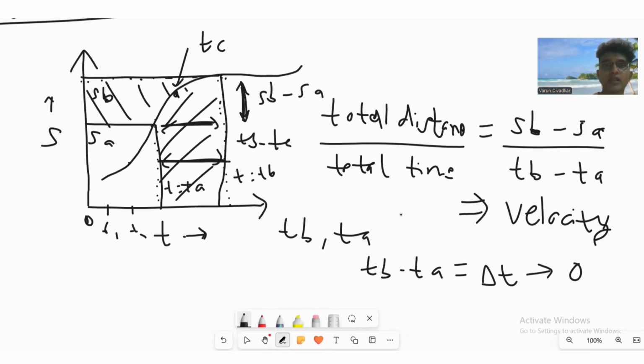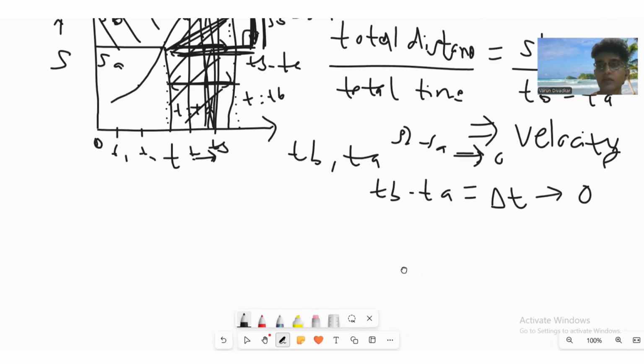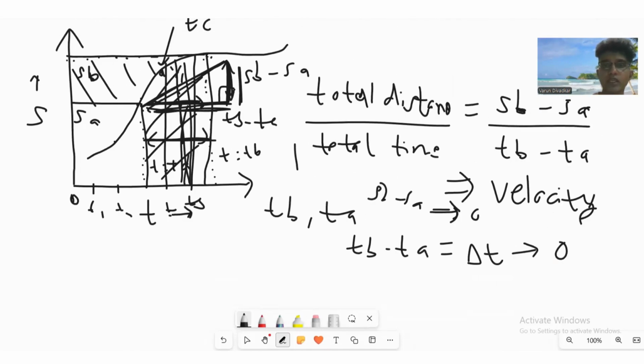At this moment it looks like a right triangle, where one side is SB minus SA and the other is TB minus TA. If you keep reducing this gap between TB and TA so much that TB minus TA tends to zero, then SB minus SA would also tend to zero, and this triangle would keep reducing until it becomes a point.